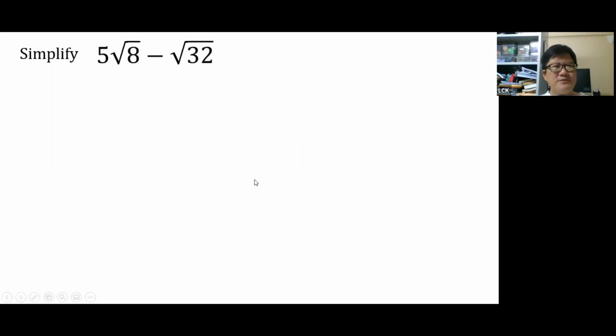Now let's try to simplify this. You say this is an 8 and this is a 32. But you remember 8 is 2 to the power of 3, and 32 is 2 to the power of 5. If you remember these things, it's wonderful. So 8 is 4 times 2, and 32 is 16 times 2.